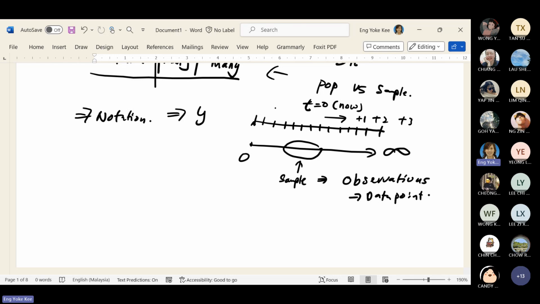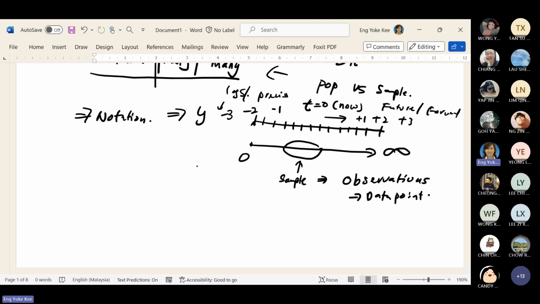Historical values are -1, -2, -3. This is what we call lag value, previous value, historical value, and this is what we call future value or forward value. This is the notation that we use.